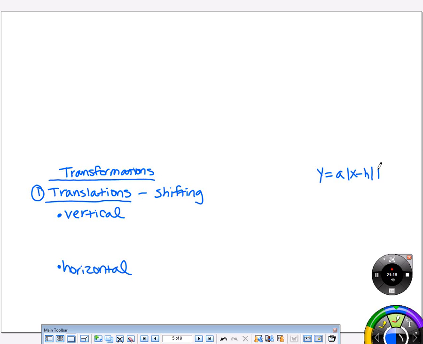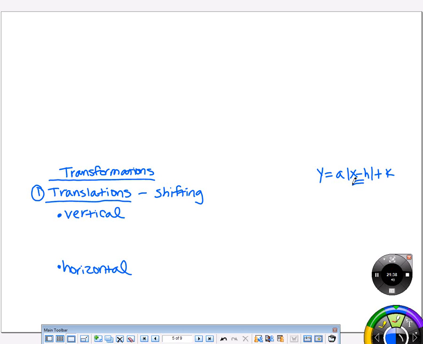We did the little investigation on the calculator. Which number moved the graph left and right? The A, the H, or the K? The H, right? So basically, there had to be something added or subtracted to x, which was inside the absolute value bars for it to move left and right.